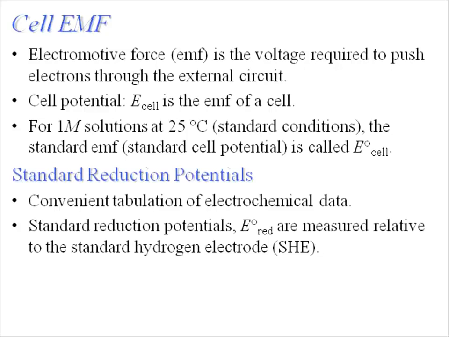If I take zinc electrode having zinc nitrate 1 molar solution at 25 degrees centigrade, what is its potential? Just the zinc electrode. Likewise, just the copper electrode. What is the potential it has?